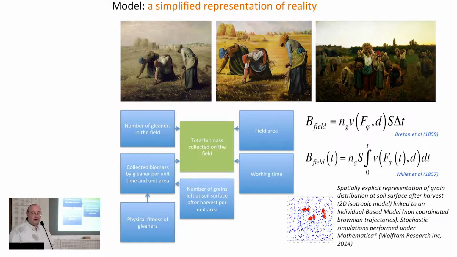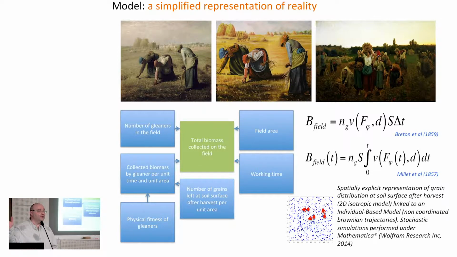So you can say, well, here is my field. Each blue point represents a grain, and the 3 red circles will be the 3 gleaners. And you can make some assumptions saying that the grain distribution at surface after harvest is randomly distributed, and that you can perform stochastic simulations to represent the trajectories of each gleaner.